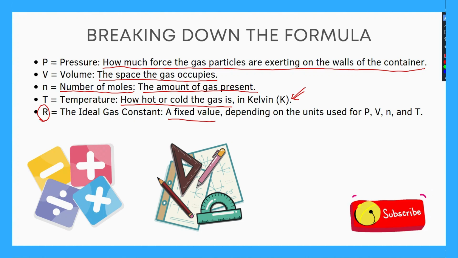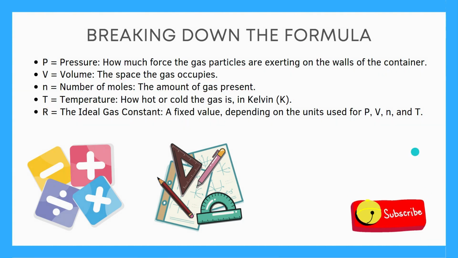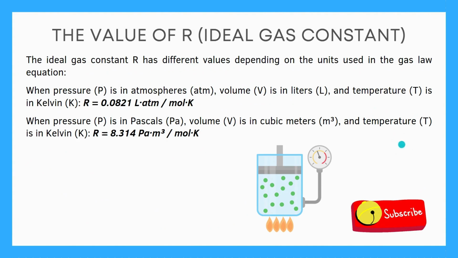It is a fixed value, depending on the units used for pressure, for volume, for number of moles, and for temperature. So having said all of that, let's talk about the ideal gas constant, R. The ideal gas constant actually has different values, and it depends on the units used in the gas law equation.